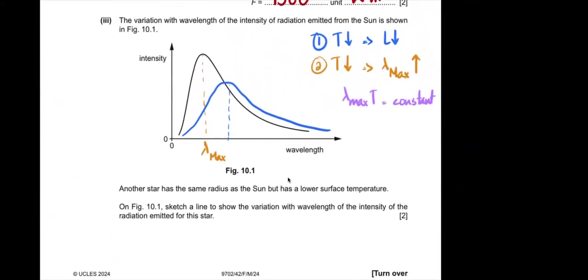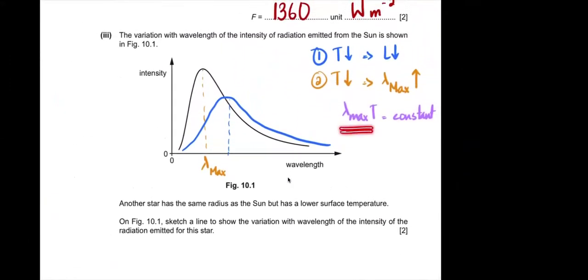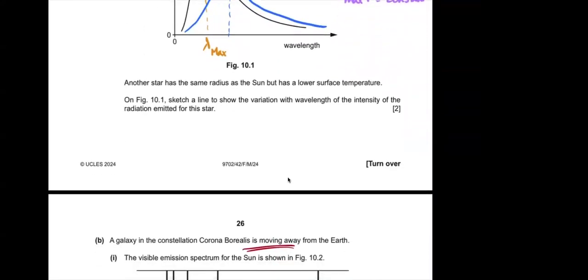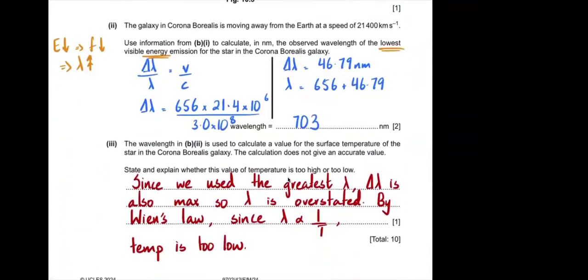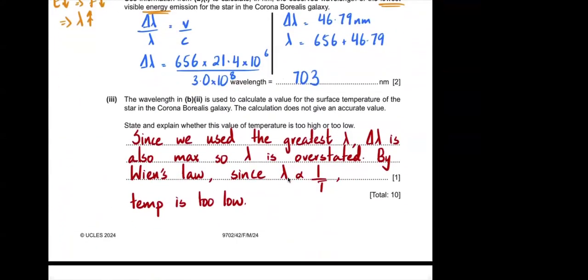Because this equation says lambda max times T is a constant, and I've talked about this a lot of times in the theory video, that lambda max is not just the greatest wavelength, the one furthest out to the right, rather it's the wavelength which corresponds to the max intensity, right? So I've taken a wavelength which is greater than what it actually is supposed to be, so my temperature is lower than what it's actually supposed to be. So this is what I wrote as an answer in the last part of this question.